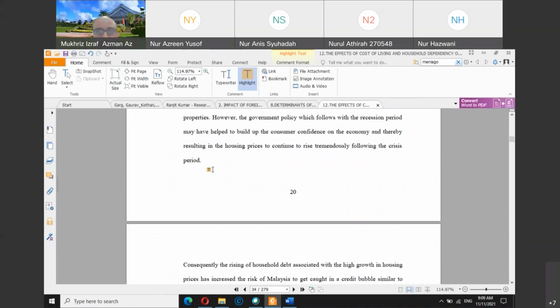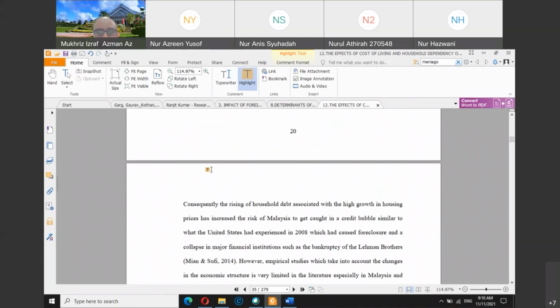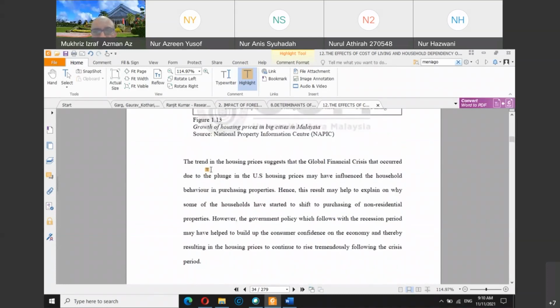For example, if you are referring to some article, just to justify that, for example, COVID-19 has caused the economic growth of Malaysia, for example, to drop by how many percent of GDP.